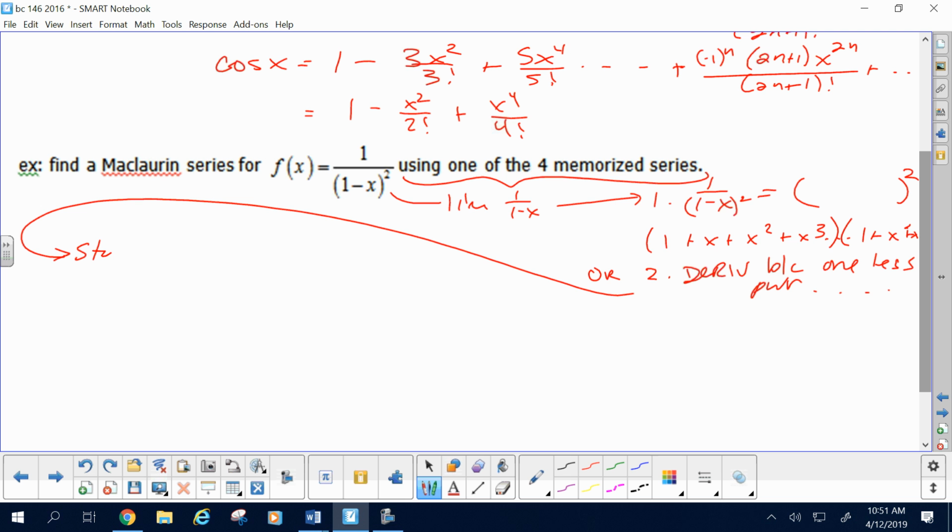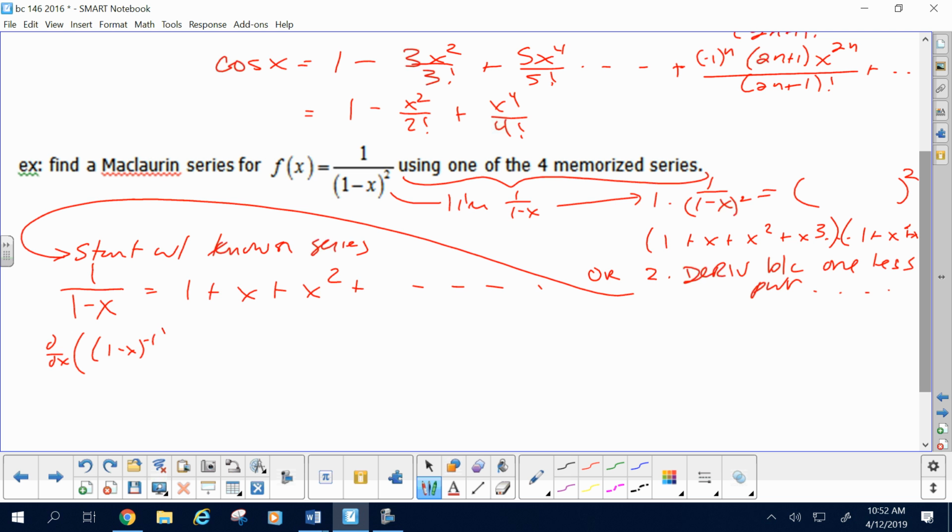But the thought process, if you're going to try and match with the derivative, goes like this. Start with the known series, which is that 1 over 1 minus x is 1 plus x plus x squared plus dot, dot, dot. If you want to go back and find the general later, we can, but I'm going to leave that for now. Now, if I take the derivative of both sides, 1 minus x to the negative 1 on the left, and the derivative of the series on the right, then be careful.